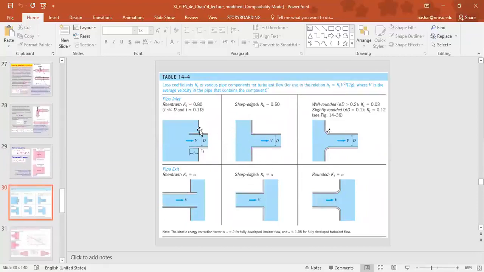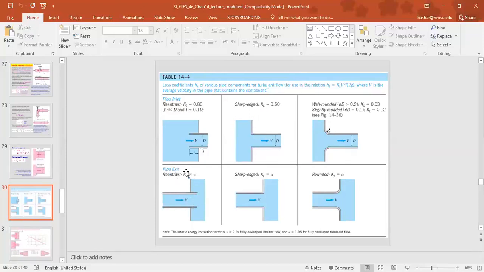Now the tables to find the loss coefficient are shown in this Table 14.4. For the pipe inlet, the loss coefficient equals 0.8 if it's sharp-edged, 0.5 for well rounded, 0.03 for slightly rounded, and 0.12. As we can see, when it's well rounded, the loss coefficient reduces substantially compared to when it's slightly rounded, and even compared to when it's sharp-edged.